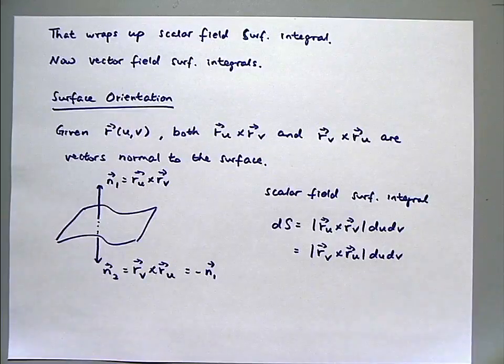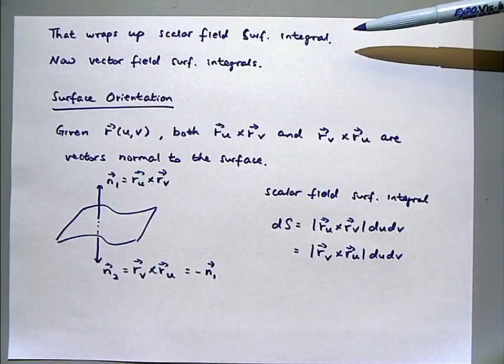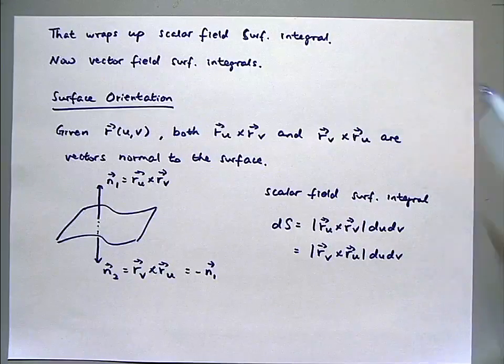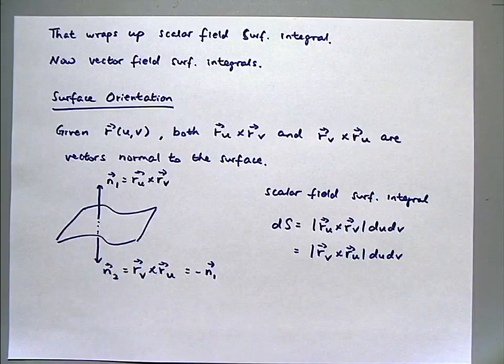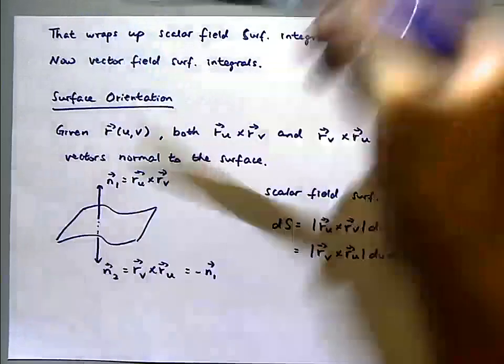So it didn't matter which way we crossed when we did a scalar integration. When we do a vector integration, now we have to be really careful which one we're using. And we have to agree before we do the integration which one we choose to use, either the one pointing, let's say in this example, up, or the one pointing down.